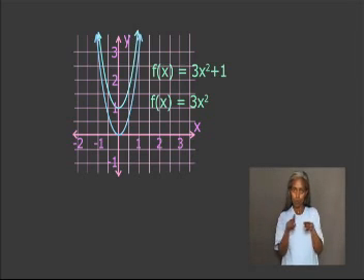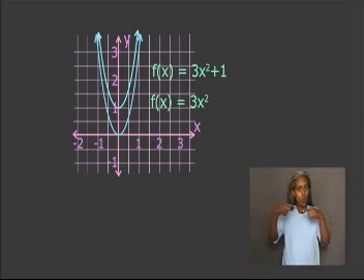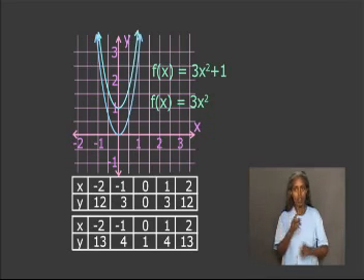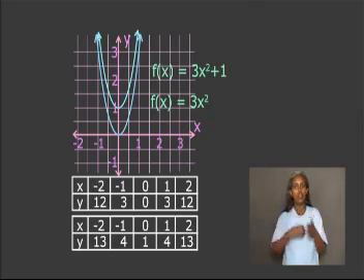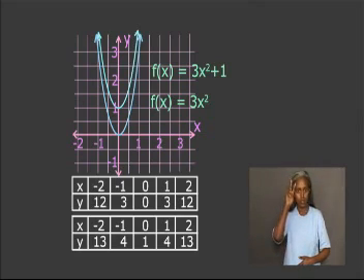Also, the corresponding values of f of x equals 3x squared plus 1 are 1 unit more than the values of f of x equals 3x squared.